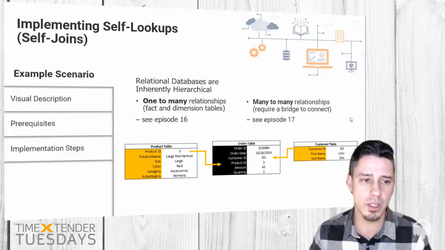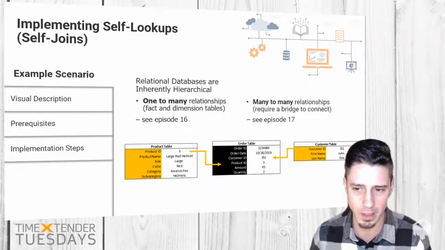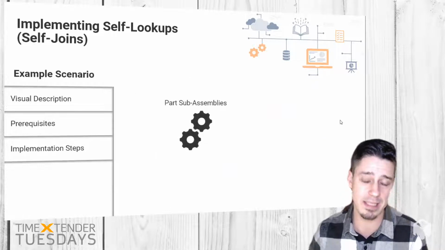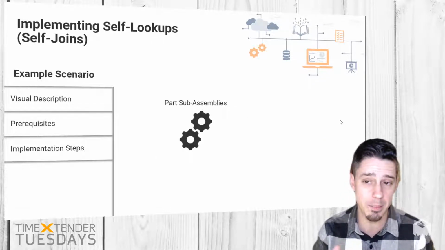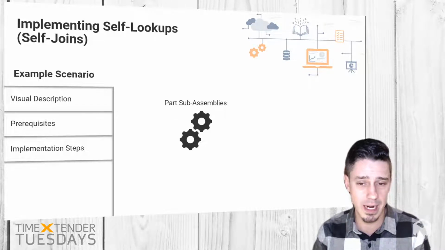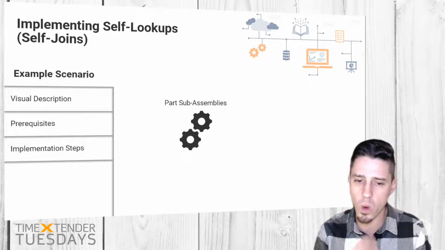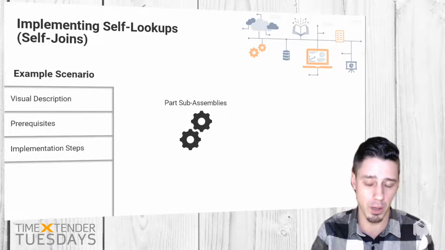So what are some real-world examples of why you would want to create a self-lookup? One example is if you're looking at parts or items in a database. It may be that one part consists of many other parts, right?